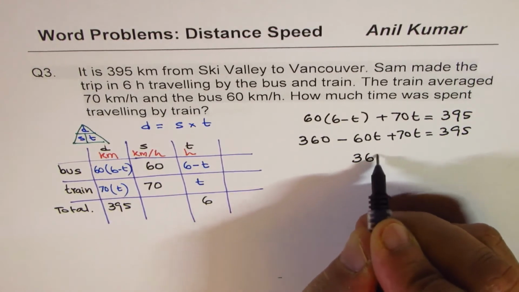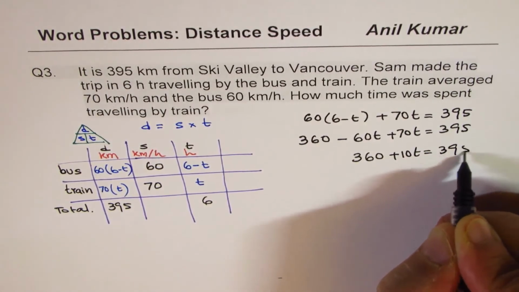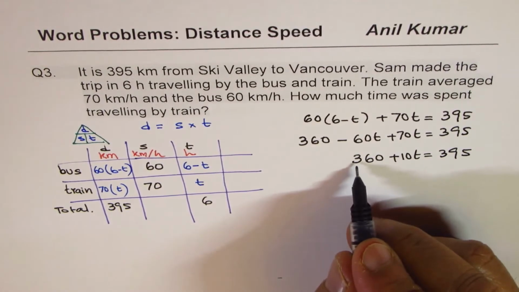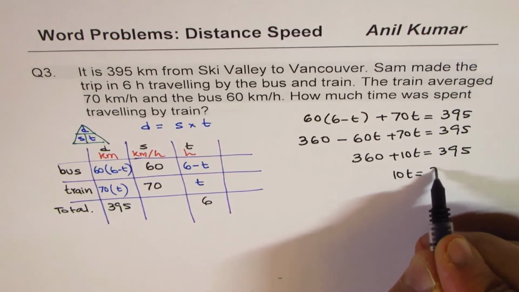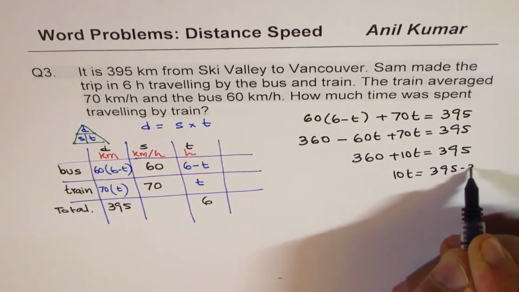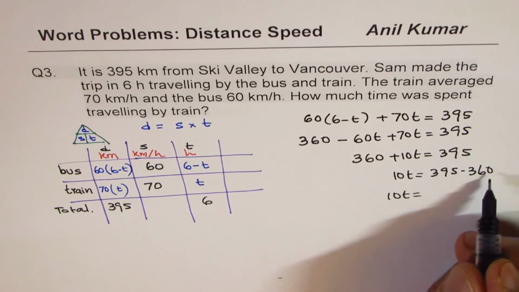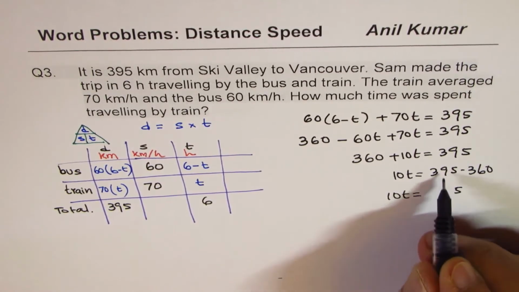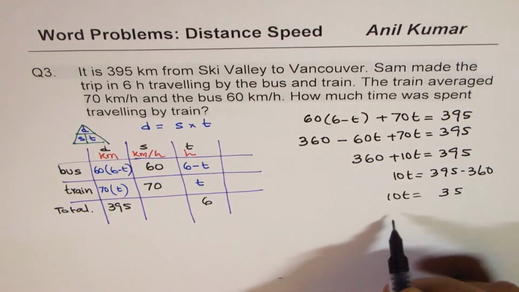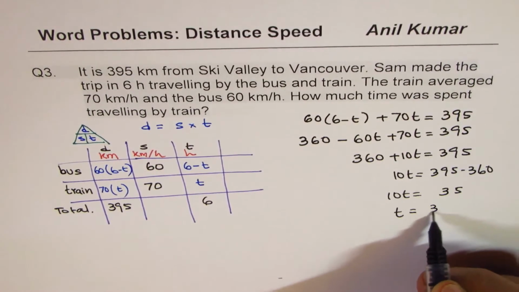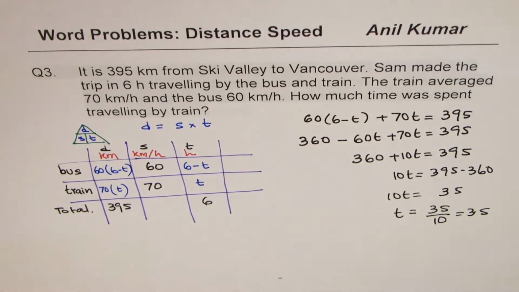So we'll do 360 plus 10t equals 395. And then we can take this on the other side. So then we get 10t equals 395 minus 360, right? So 10t is equal to, when you take away 5 and then 35, correct? So 35 you get. So t equals 35 divided by 10, which is 3.5, correct?